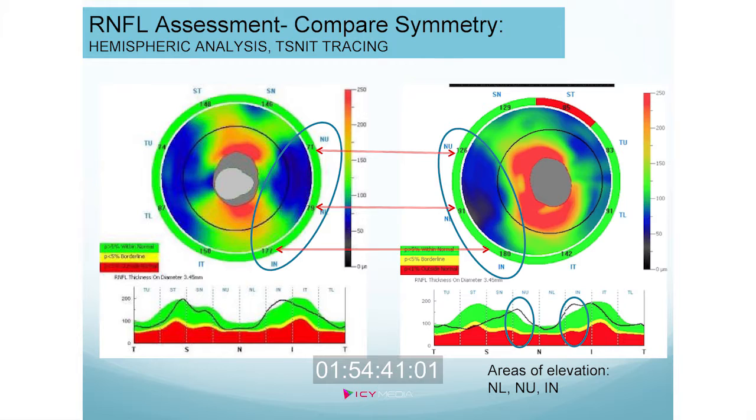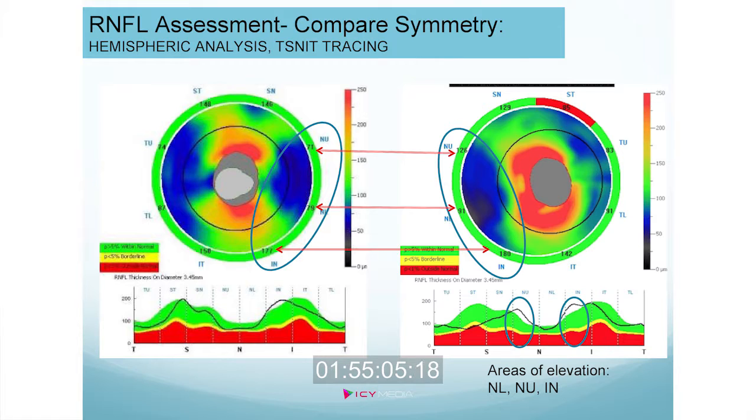If you look at the top images, those are our RNFL images. There's a couple things to look at, so let's talk through the scan. The first thing is the color ring around the outside border of the circle. That is the nerve fiber layer analysis in microns. Each section of the RNFL is given on a micron scale.